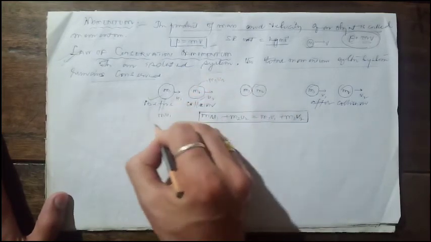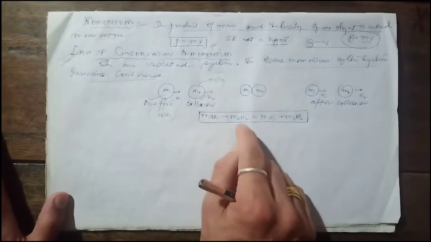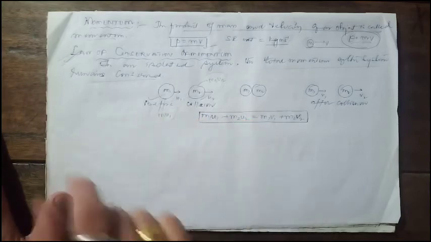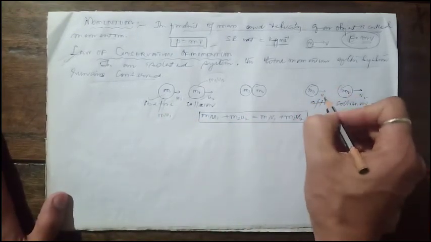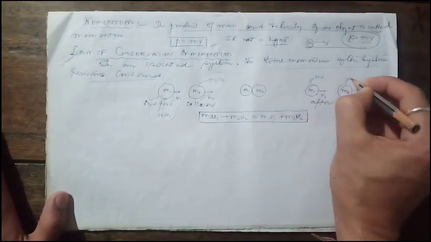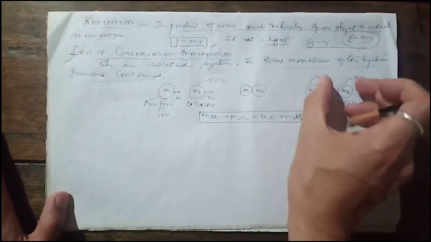So the total momentum before collision is the sum of m1 u1 and m2 u2. After the collision, the bodies get separated and start moving with velocities v1 and v2. The momentum of the first body is m1 v1 and of the second body is m2 v2. So the total momentum after collision is the sum of these two.